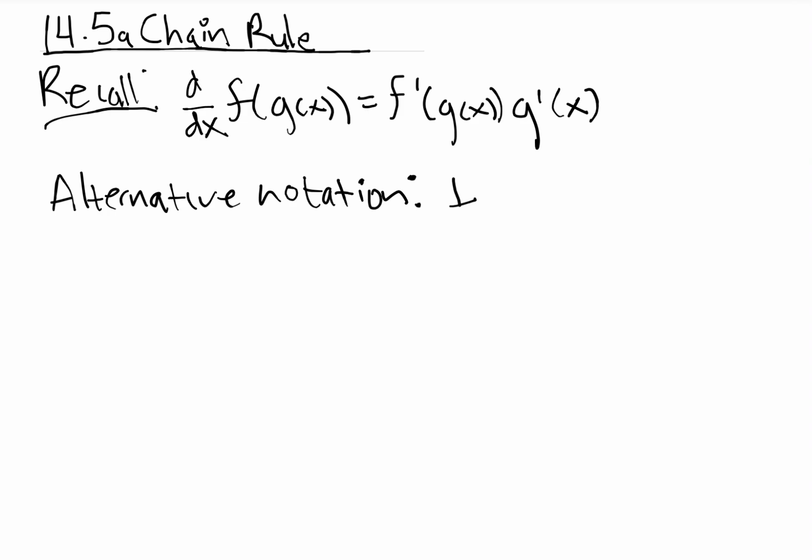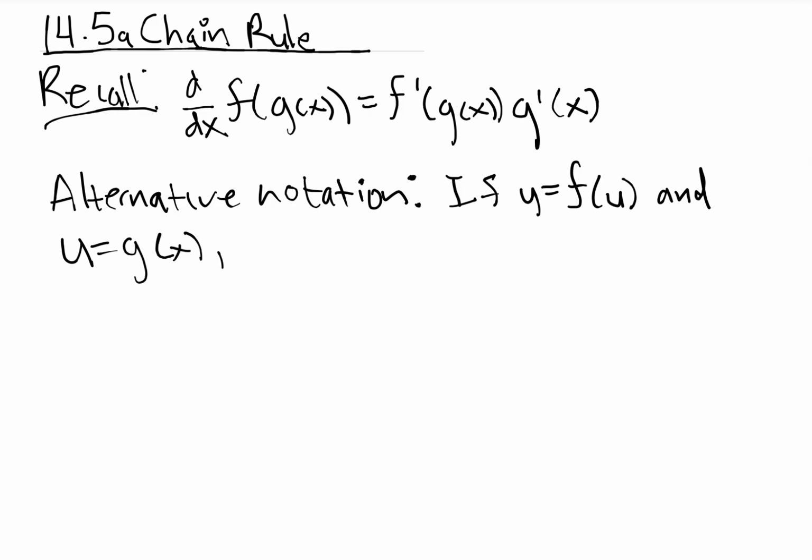Suppose that y is this function f of u, and I've also got this function u equal to g of x. Then another way to phrase the chain rule is the following.